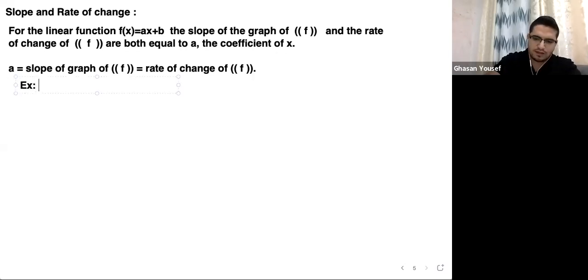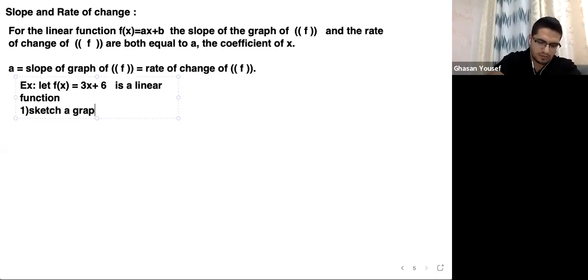So example, let my function f of x equal 3x plus 6, a linear function. Number one, sketch a graph of f.